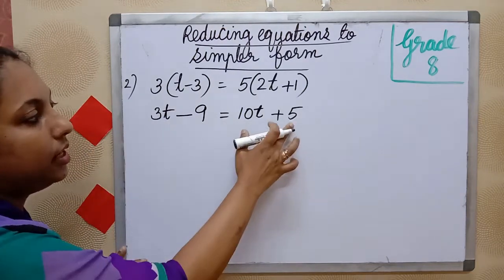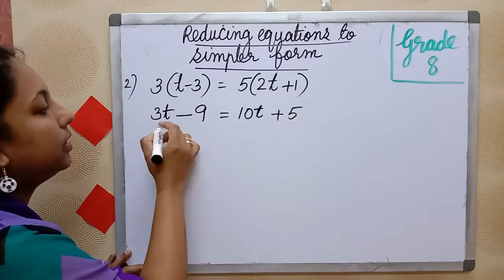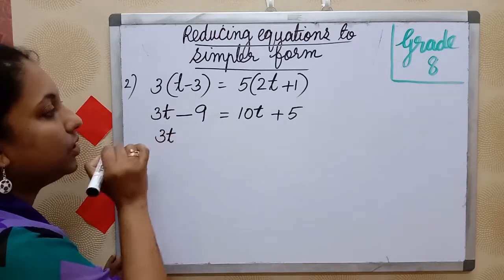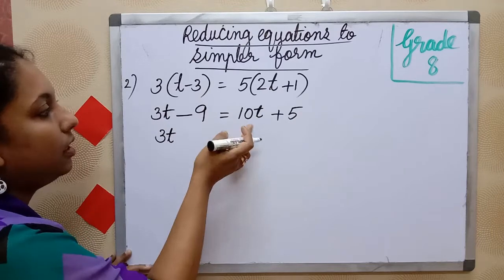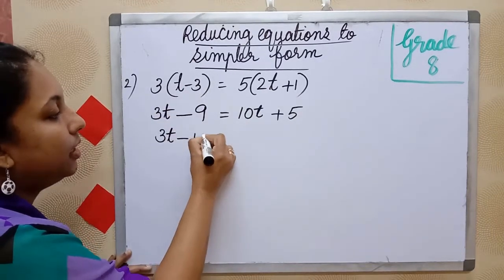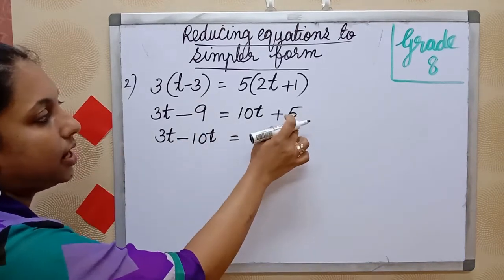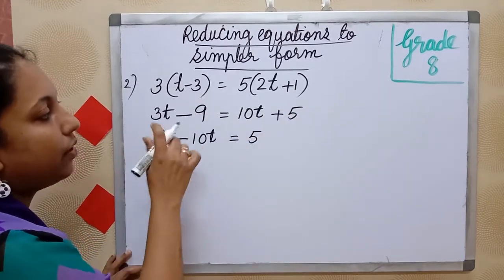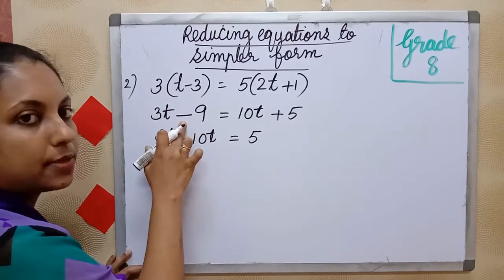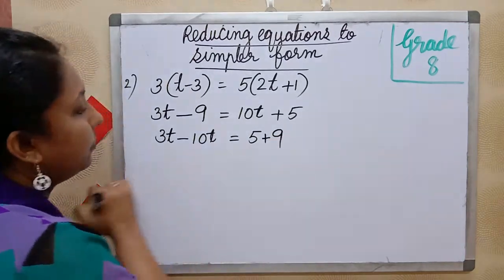Now we can easily simplify this. Transpose method. 3t, variable 3t, then 10t is transposed to LHS, minus 10t is equal to, then RHS side 5 only, 5. Then we have to transpose minus 9 to RHS, that is plus 9.